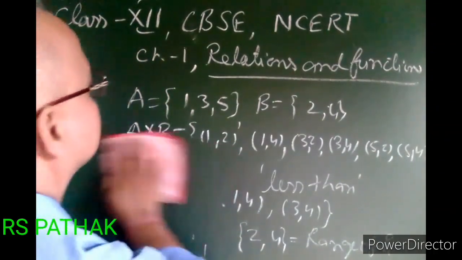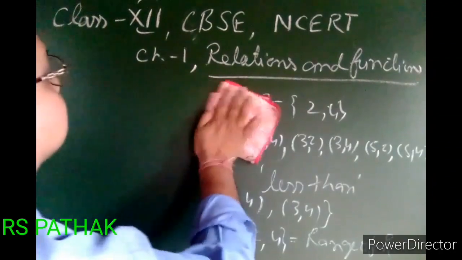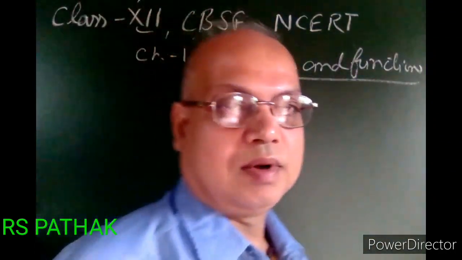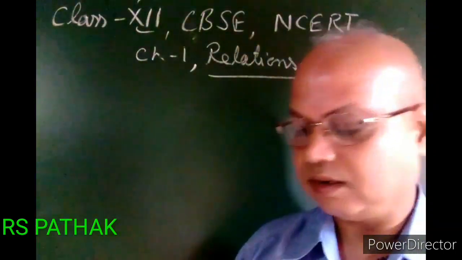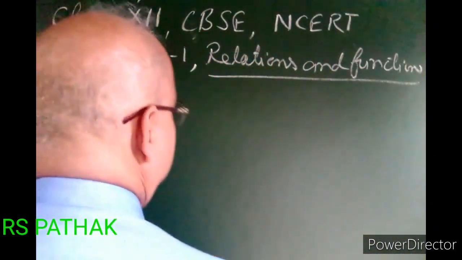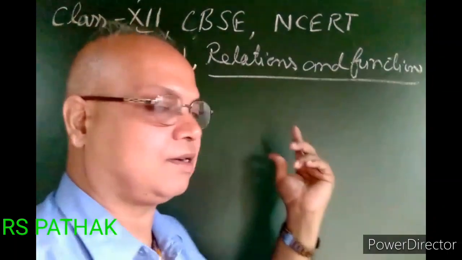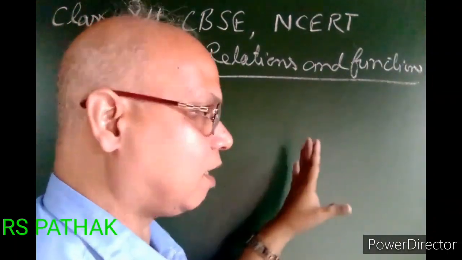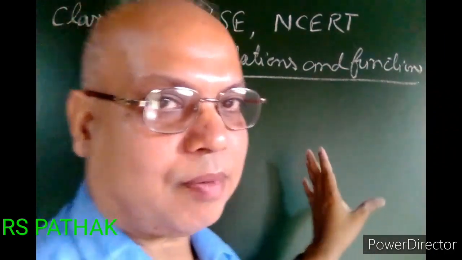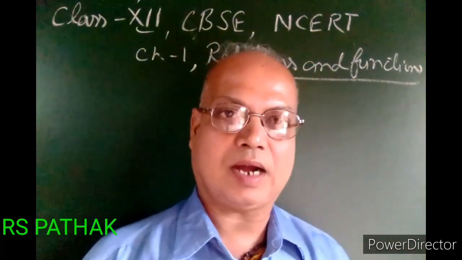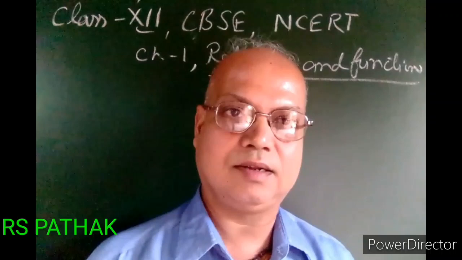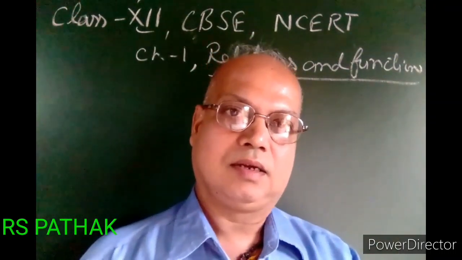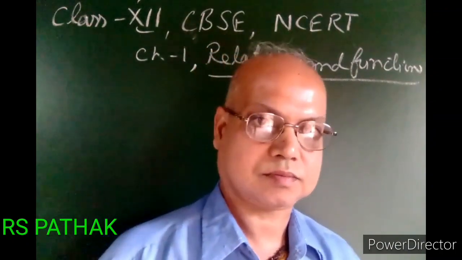Now the next topic is types of relations. There are so many types of relations. First, I told you binary relation. Composite relations, inverse relations, which you will study in higher classes.